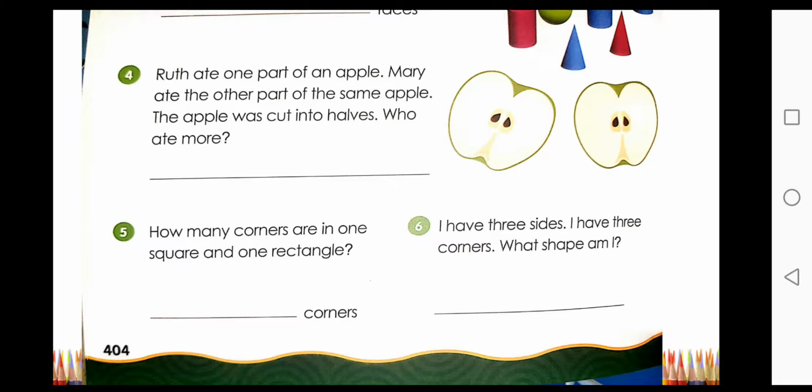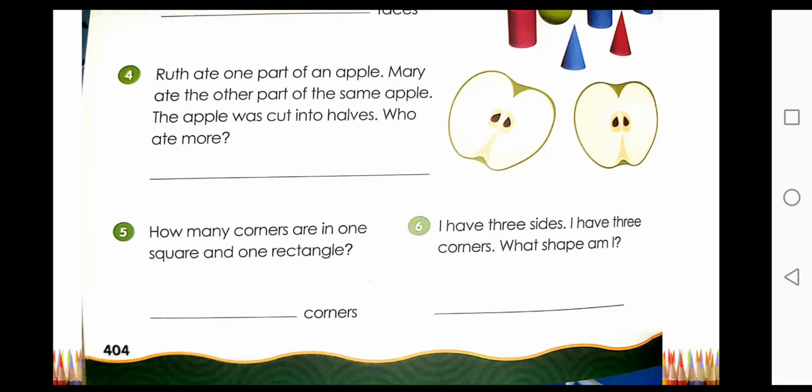Mary ate the other part of the same apple. So, they cut the apple into 2 halves and each one ate a part of the same apple.